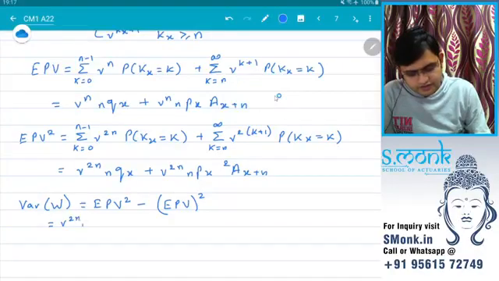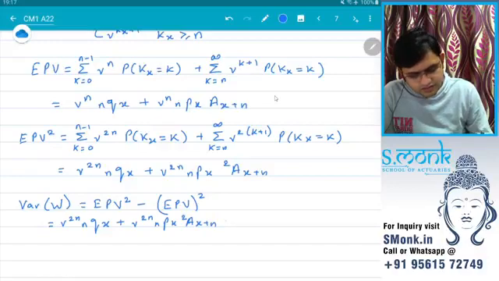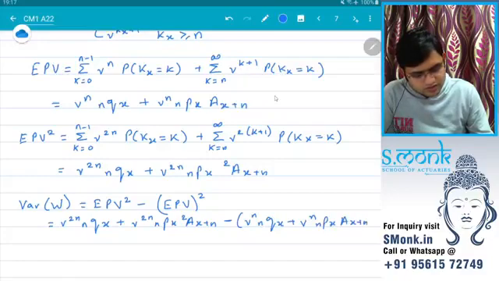V raised to 2n nqx plus V raised to 2n npx minus ... whole square.